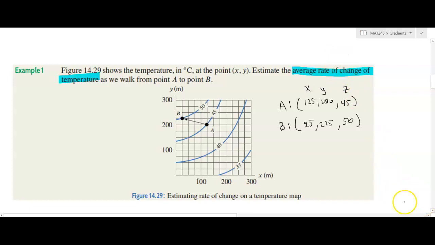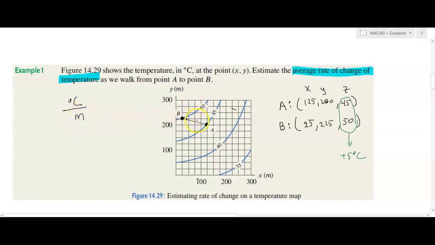So to estimate this rate of change, first of all, we can see pretty quickly that the change in temperature here is, we went from A to B, so we gained 5 degrees Celsius. Now the challenge is, if we want the average rate of change, the kind of quantity that we're looking for is the temperature change divided by the distance change.